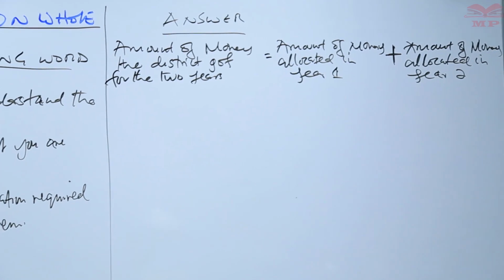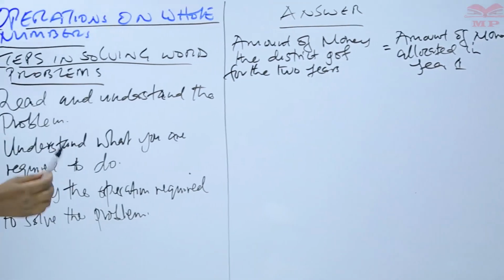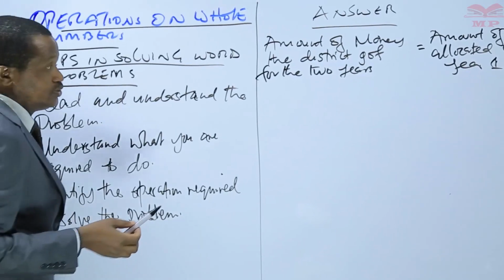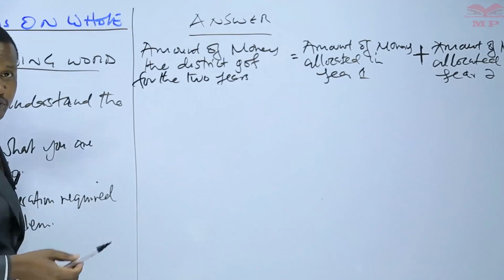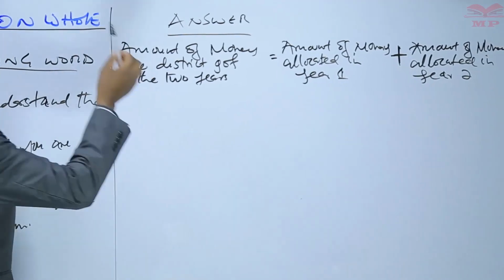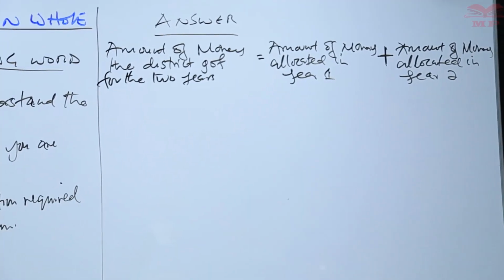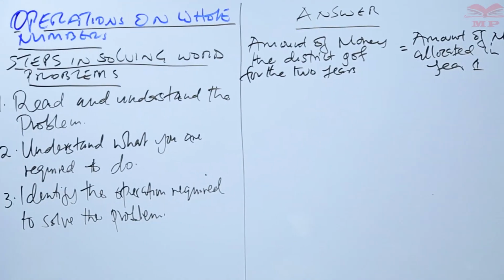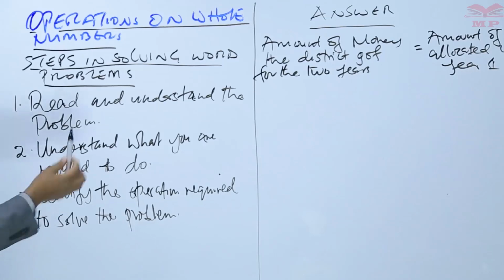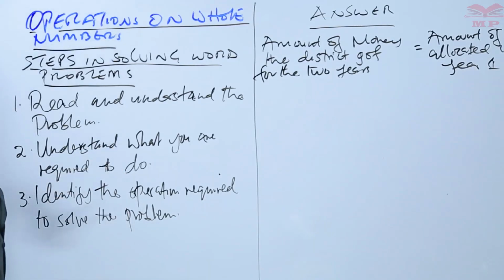We read first, then number 2, understand what we are required to do. We have understood from the question that we are required to calculate the amount of money that the district got for the 2 years. That is step number 2. Then number 3, identify the operation required to solve the problem.